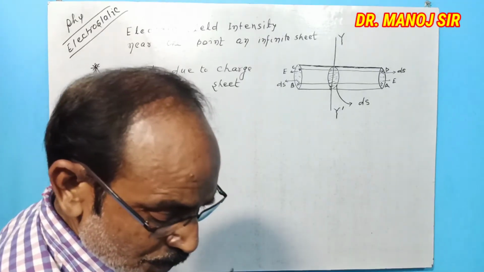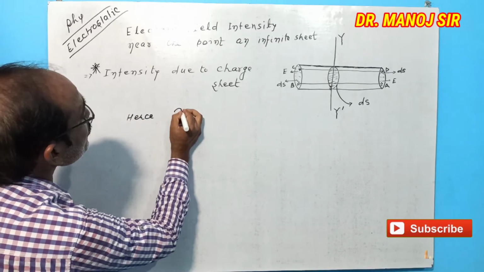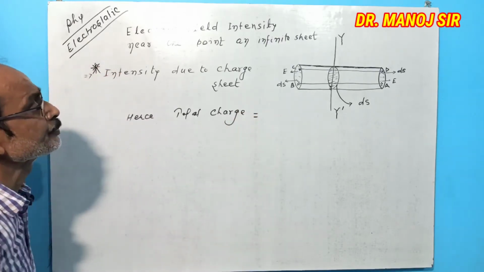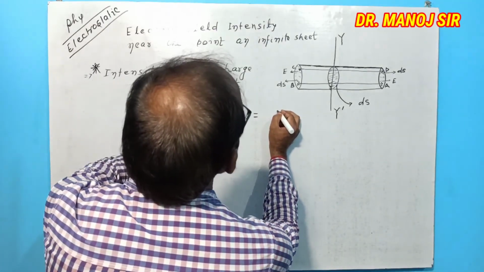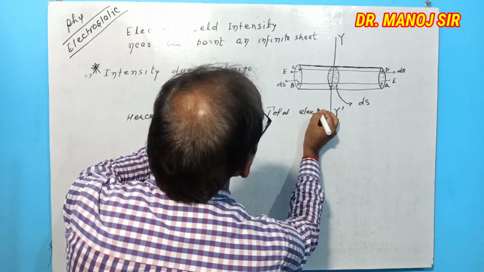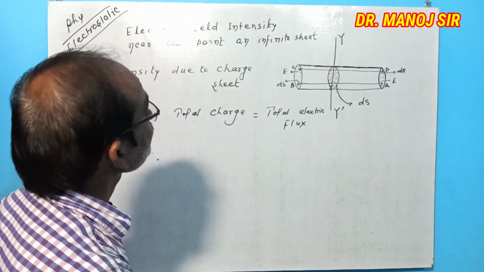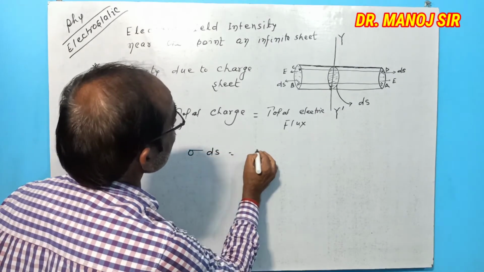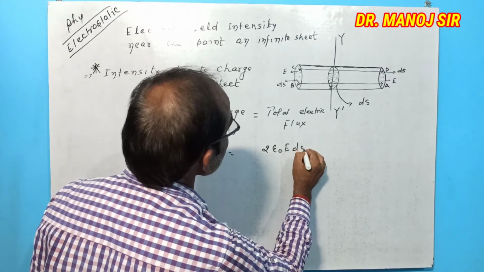Therefore total charge is equal to the total electric flux of both ends. So total charge is sigma ds equal to 2 epsilon naught E ds.